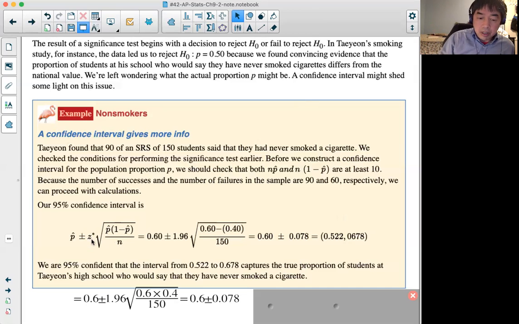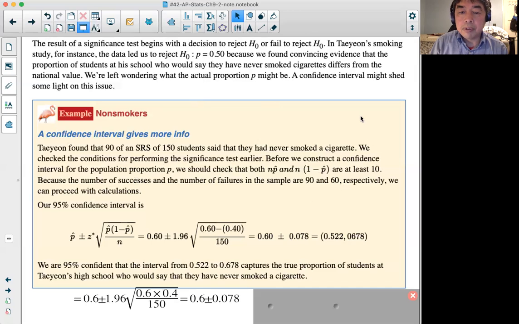Z star for a 95% confidence interval: let me check that z star with inverse norm. Number 3, the area for one side at 95% is 0.025.